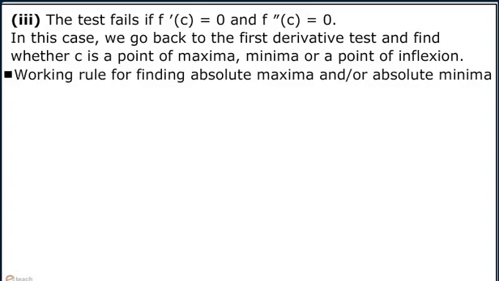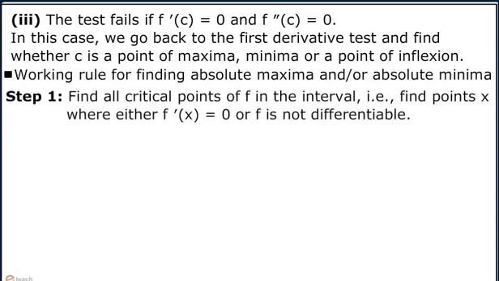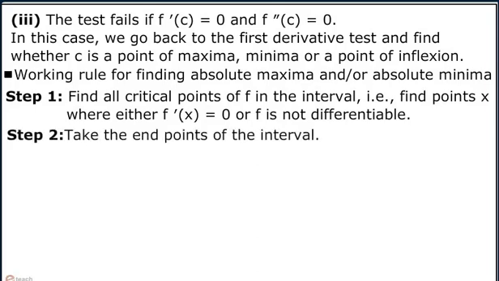Working rule for finding absolute maxima and absolute minima. Step 1: find all critical points of f in the interval, that is, find points x where either f'(x) = 0 or f is not differentiable. Step 2: take the endpoints of the interval.